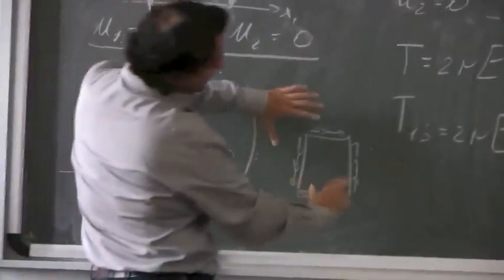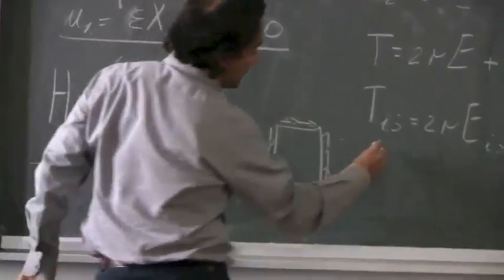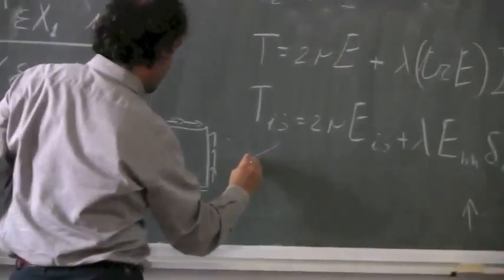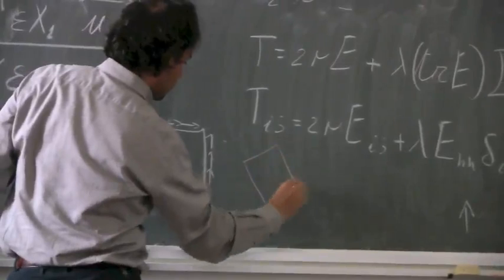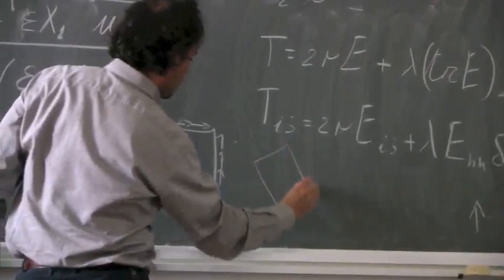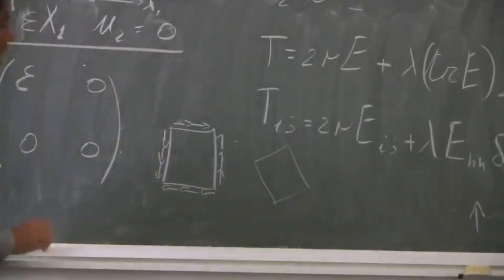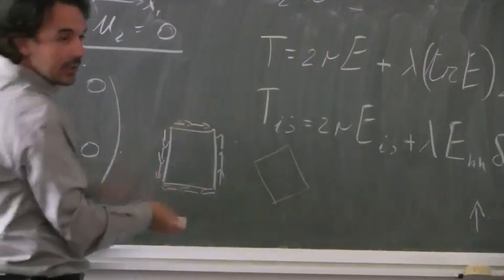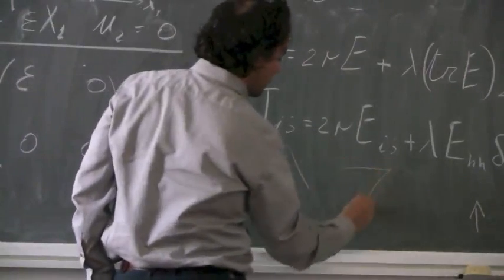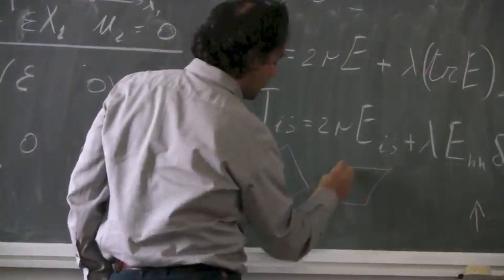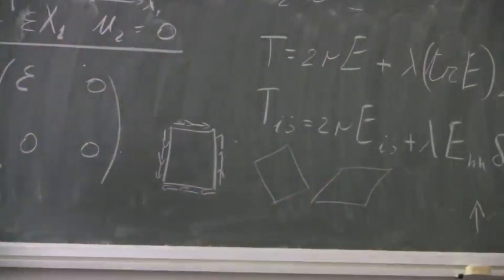You see that the deformation of this square is in fact this shape. And then if you rotate, you have this shape.